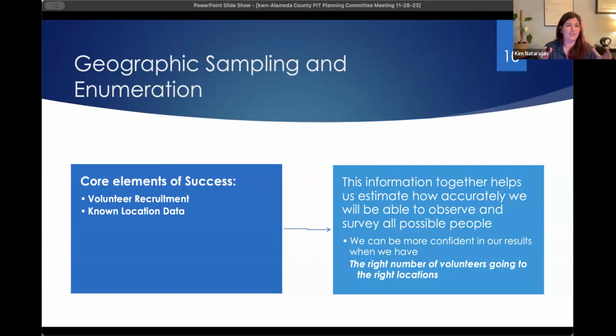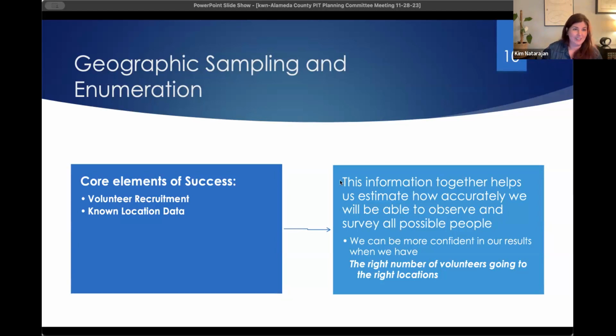We need to have really solid information about where we think people are and where we think people are not. Using those 2 things together is how we know how accurate this method is. So if we have more volunteers, we can say the survey was more accurate. If we have better known location data, we can say the survey was more accurate, or at least how accurately we were able to observe and survey.